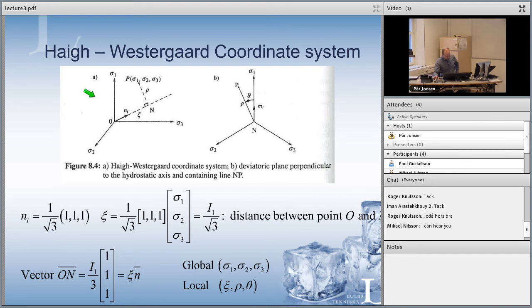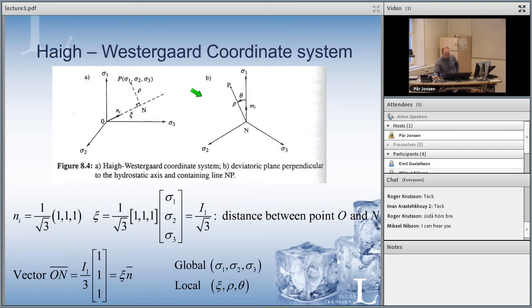This will give you the distance to point n from origo with the principal stresses that you have from the system. It can be described like this: I1, the first invariant, divided by square root out of 3, and the point ON, origo to n, is this one. You can find this one.